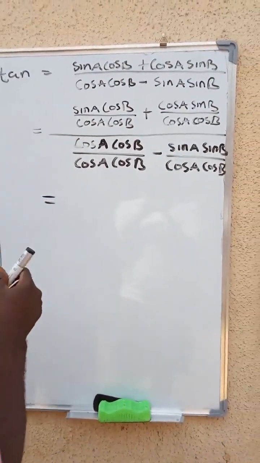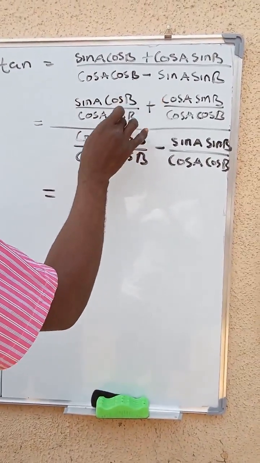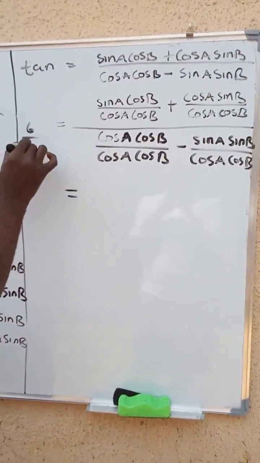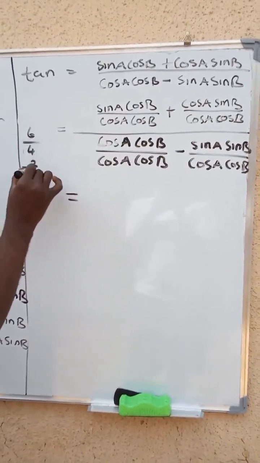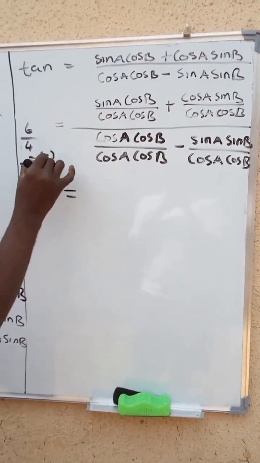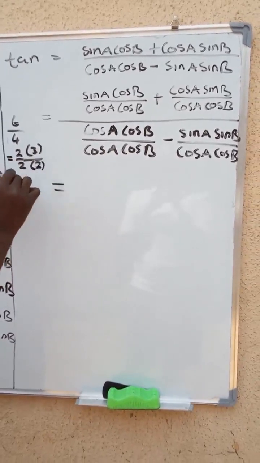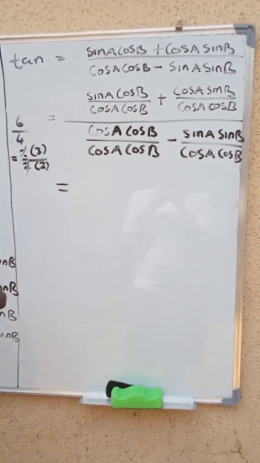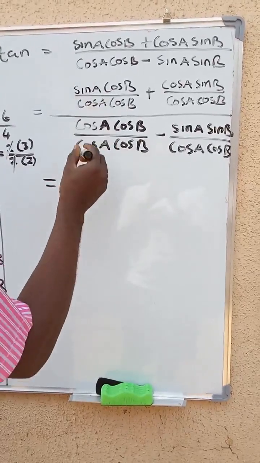We all know that sin A cos B over cos A cos B is 1, just like 6 over 4 is the same thing as 3 over 2, where the 2s cancel. So cos B is 1, and sin A over cos A is tan.